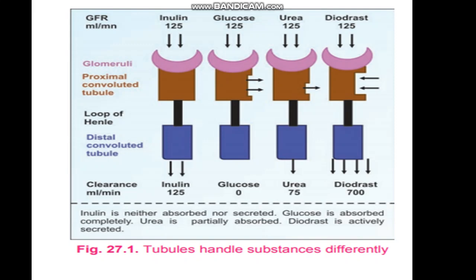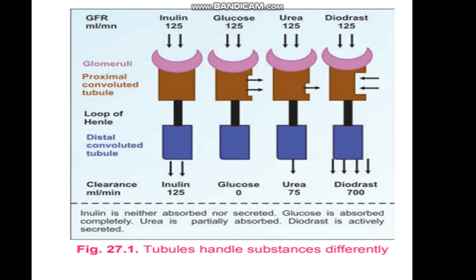It is filtered at the glomeruli and also reabsorbed in total, so not fit for clearance test. The value comes to be 0. Then again urea, filtered and reabsorbed partially also. So the value comes less than what it should be.